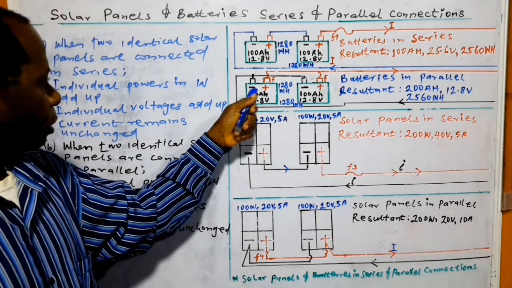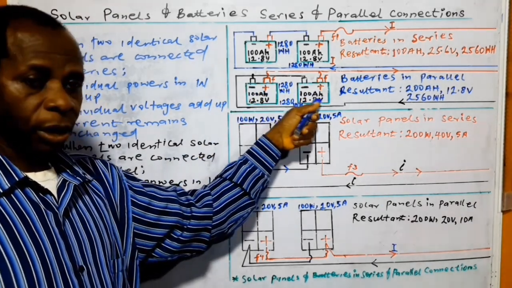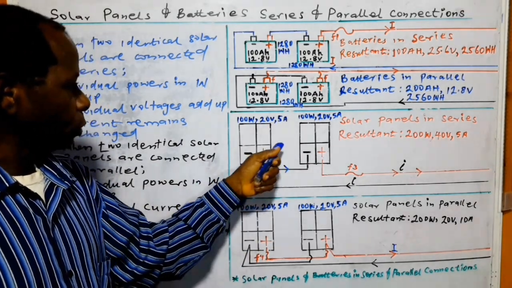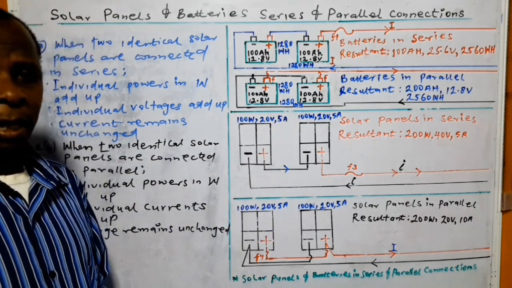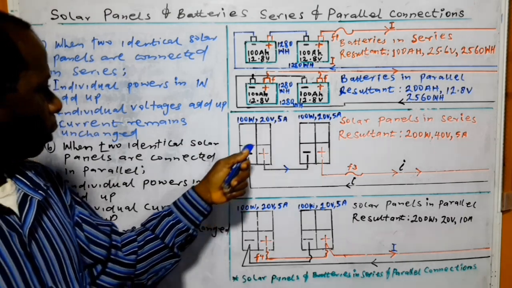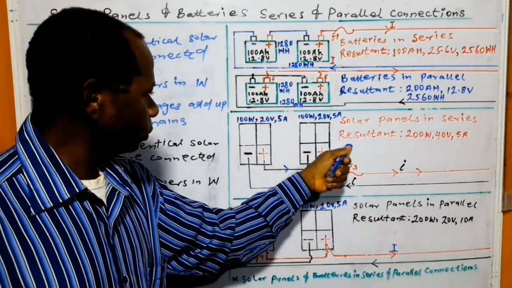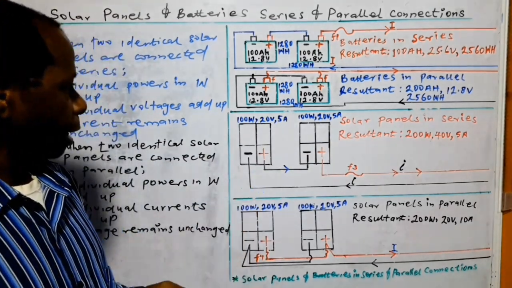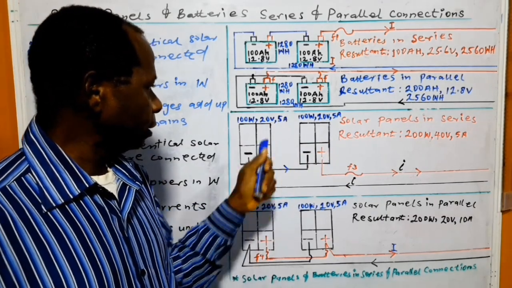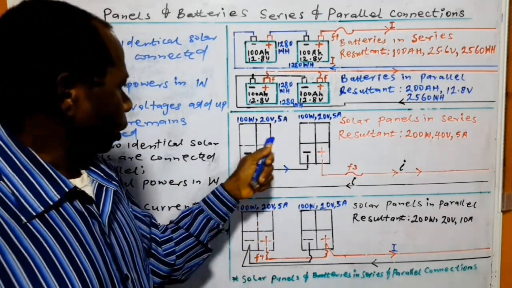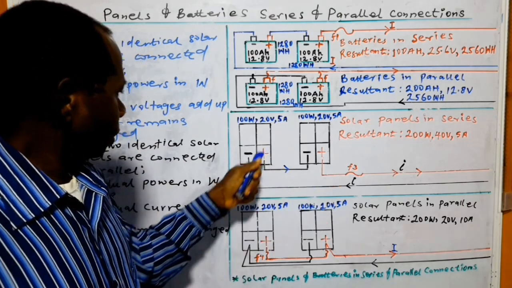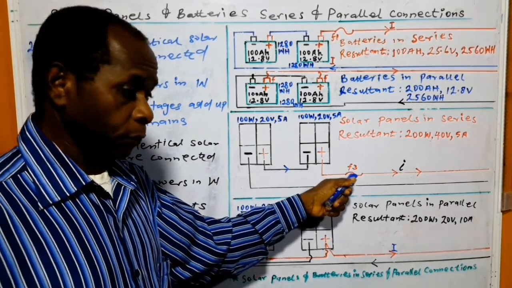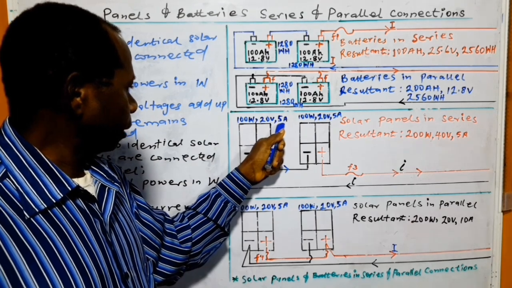Alright, so the same thing is applicable to these batteries here. But solar panels do not have C rating. So when we have two identical solar panels connected in series like this, the protective fuse will be slightly greater than 5 amperes.